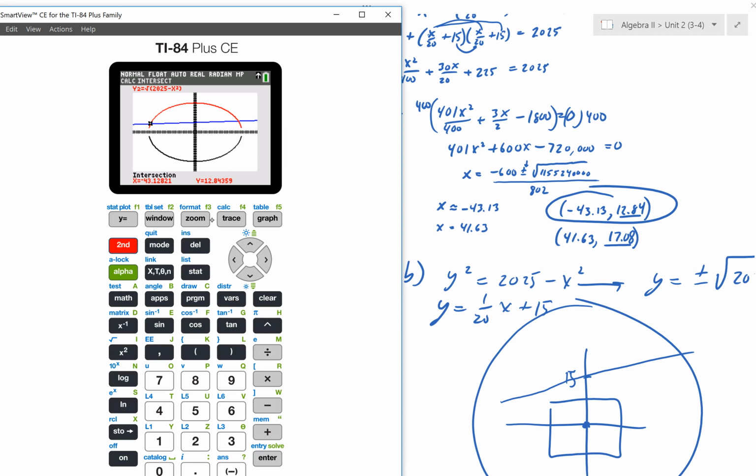So that is second calc, intersect. First curve is the blue line, enter. Second curve is the red top half of the circle, enter. And then guess, I need to move way over to the other side.